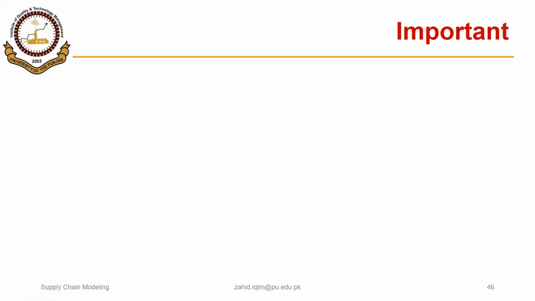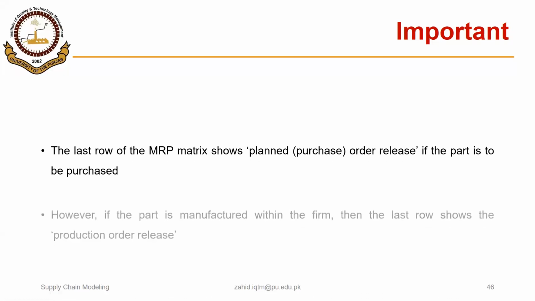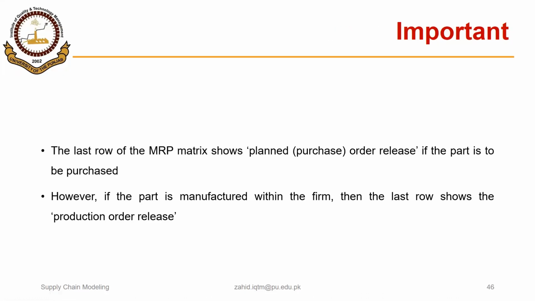Here we will have some concluding remarks regarding MRP, and we will discuss an important concept of bucketless MRP as well. One important point is that the last row of the MRP matrix shows planned order release if the part is to be purchased.